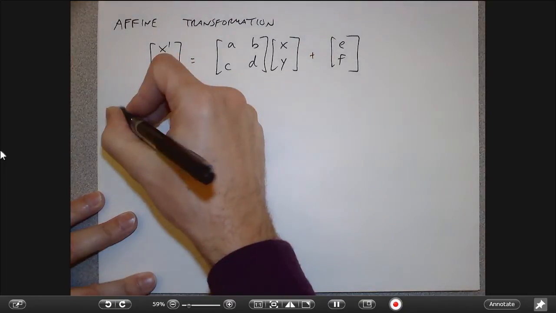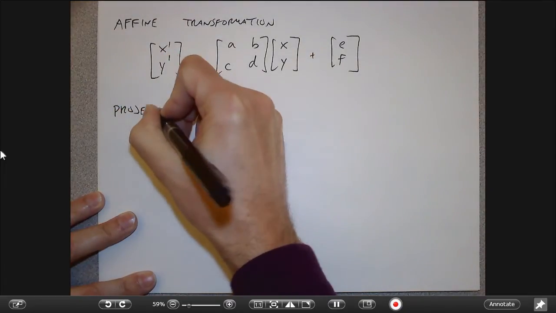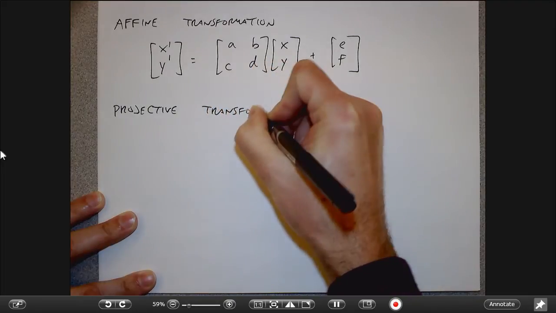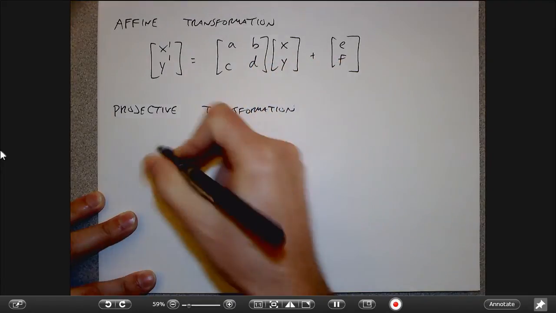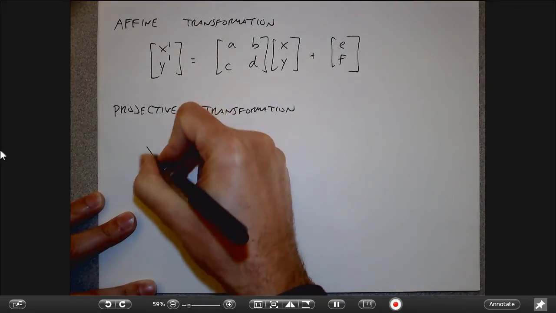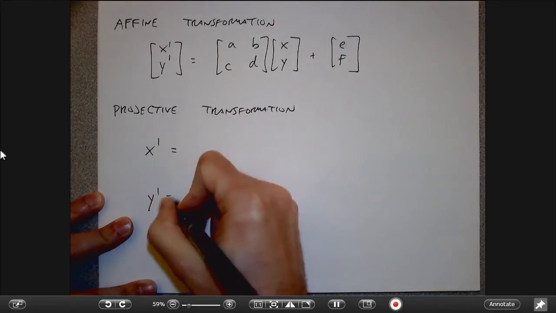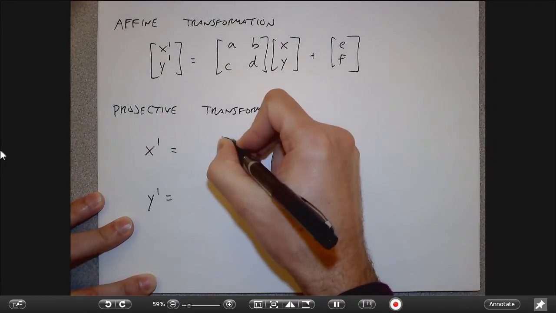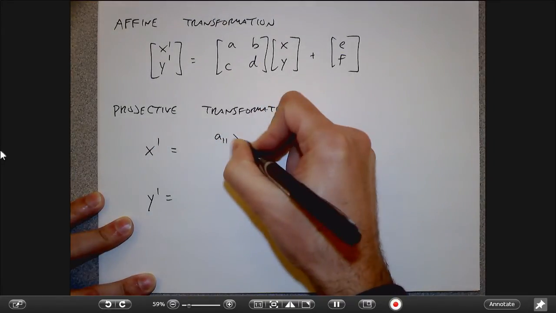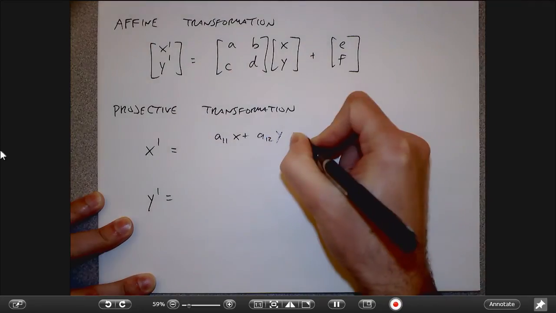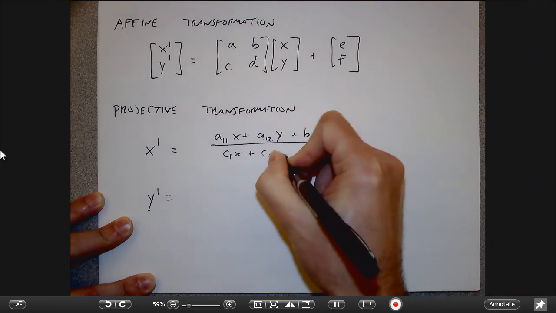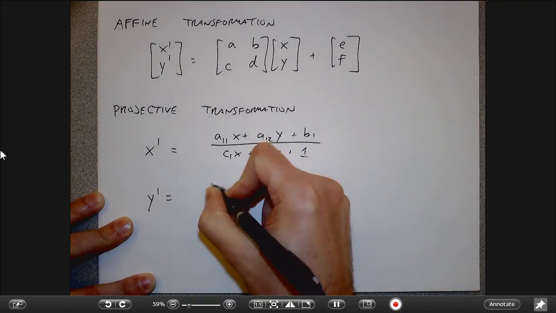And so a projective transformation is a little bit more complicated. A projective transformation looks like this. The way I would write this would be something like, so now there's a denominator that wasn't there before.